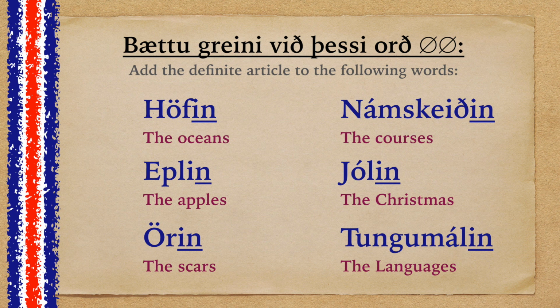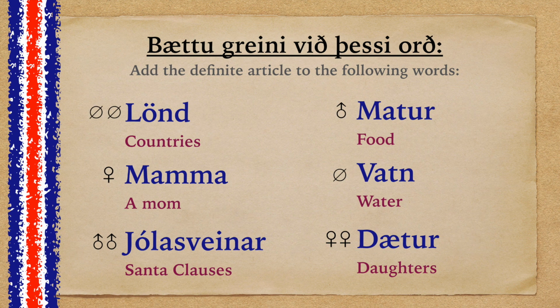We always say jólin. In real life, unfortunately, the words are not grouped together by gender and whether they're plural or not. So let's do one final exercise where we have everything sort of mixed, but I still give you the gender and whether it's a singular or plural, because otherwise I think it's fairly impossible for most of you.